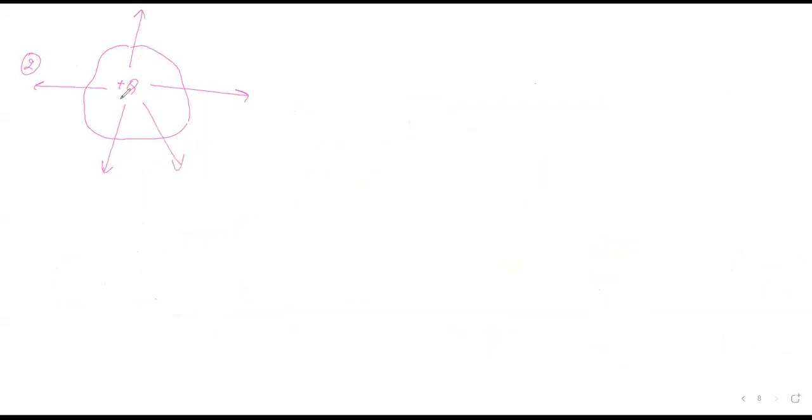In such a case, your flux will always be positive. So write down here, outward flux is positive. You can write phi is equal to plus Q enclosed upon epsilon naught.